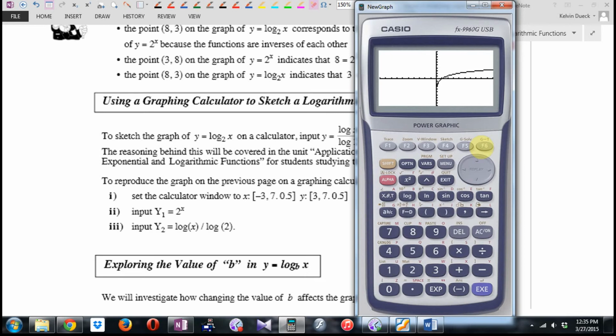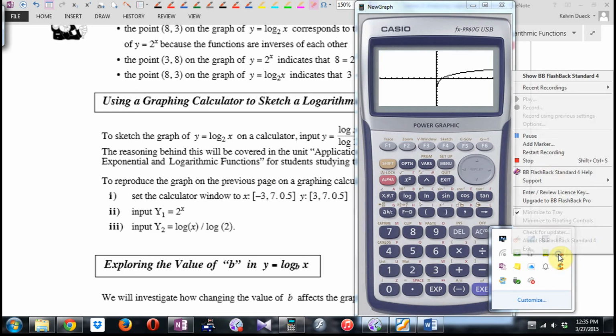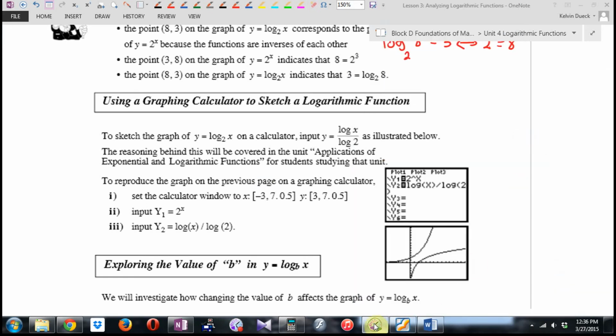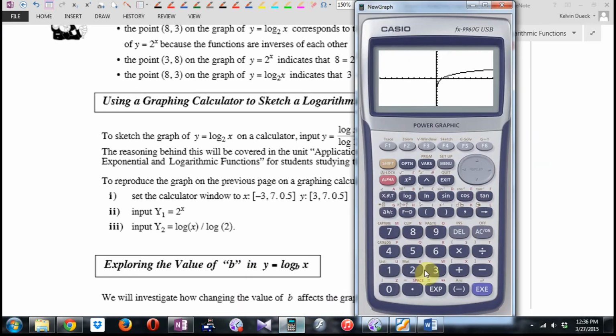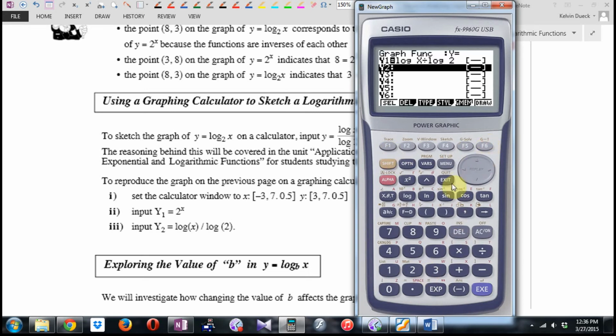Okay. Look up, if you want to get the same graph as we had on the previous page, go back to the graph menu, F6, Y2, you can graph 2 to the power of x, and that will give you the exponential curve and the inverse.